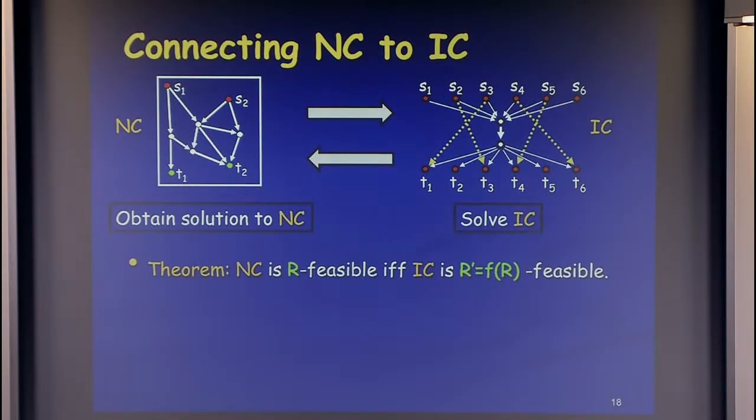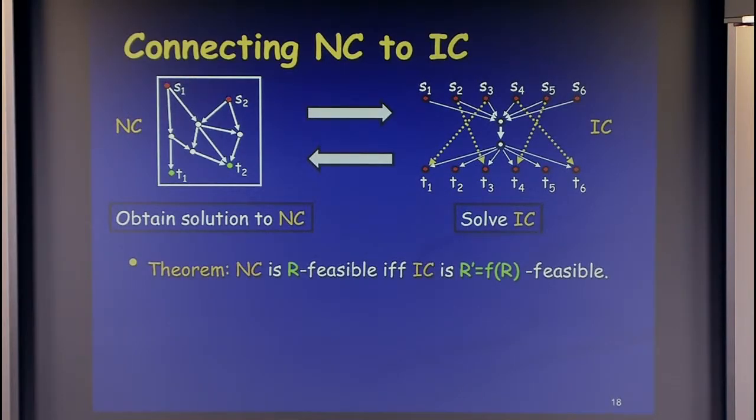Okay. So there was an issue in this reduction. It says that any network coding instance is R feasible if and only if its corresponding index coding instance is R prime feasible for some function of R. In general, it takes any code in the index coding regime and turns it into a code in the network coding regime.